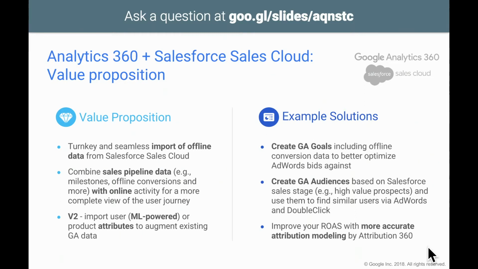That way you would be bidding on an actual sale that drives revenue, versus a lead submitted online that may never actually come through. And the one that our customers so far have rated as the highest functionality and highest actionability is the ability to create an audience segment out of qualified leads or even sales, export it to AdWords or, for example, DBM, and create similar audiences out of it.